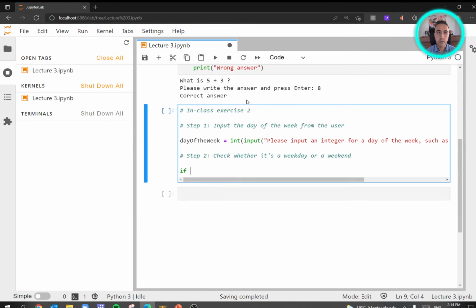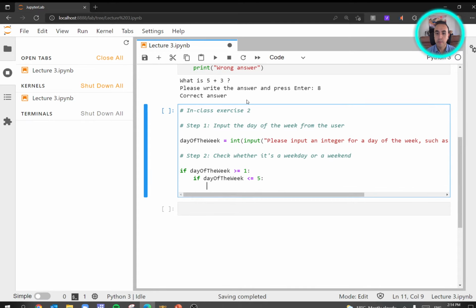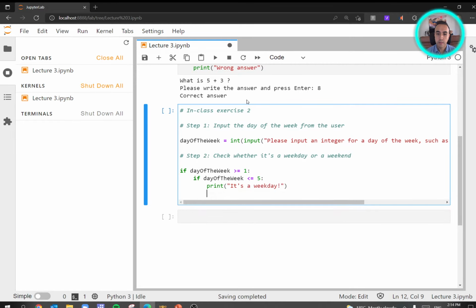So we can write if day of the week is greater than or equal to 1. If so, then we put another if inside. Day of the week is less than or equal to 5. Then it's a weekday, right?